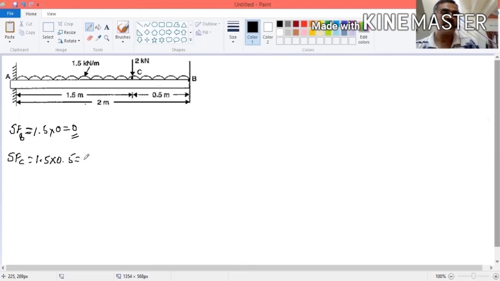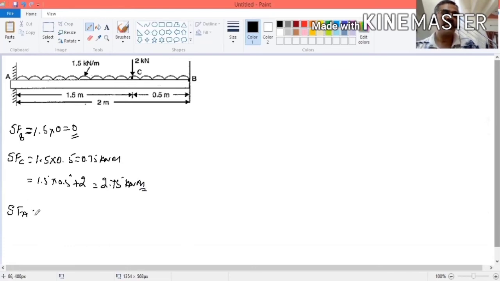It is 0.75 kilonewton. Now, considering this, it will be 1.5 into 0.5 plus this 2, then it is 2.75 kilonewton. Now you come to point A.